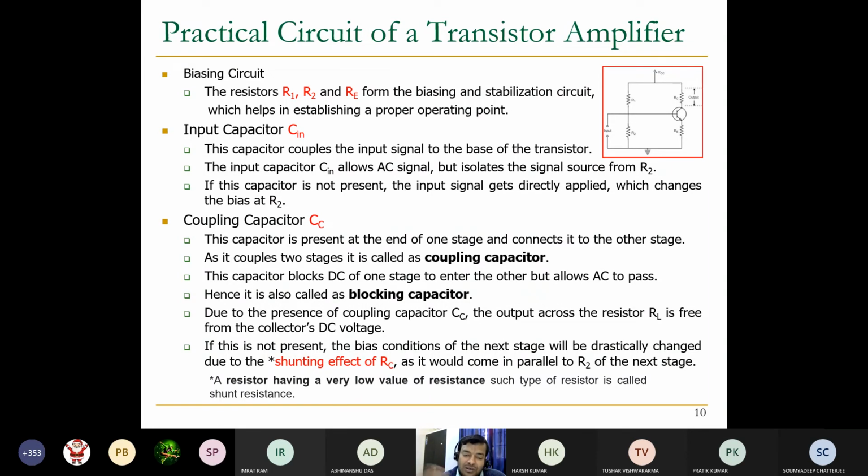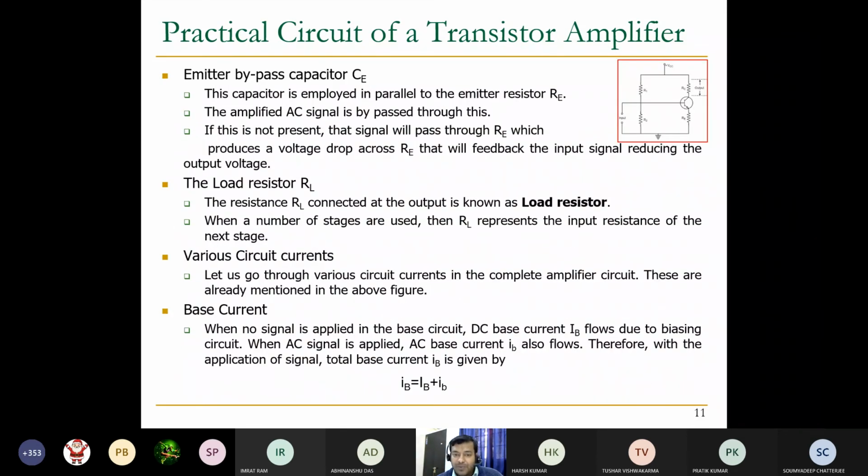The bias condition of the next stage will change drastically, because this output is connected to the input of the next stage. In a multi-stage amplifier, such problems will arise, and whatever you are targeting will not be fulfilled.